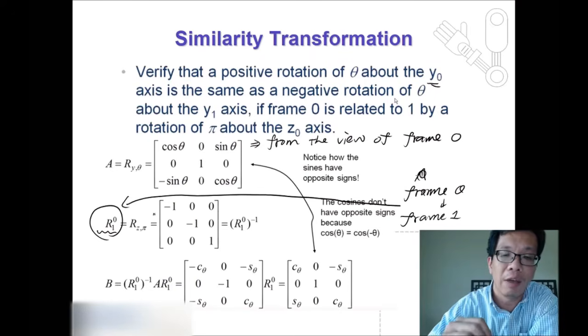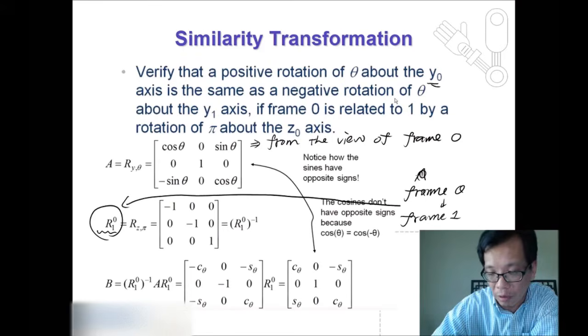Then, if we know this object, let's say frame 0, frame 1, and we are describing P that is going to be rotated about something like this one is the y0 axis.